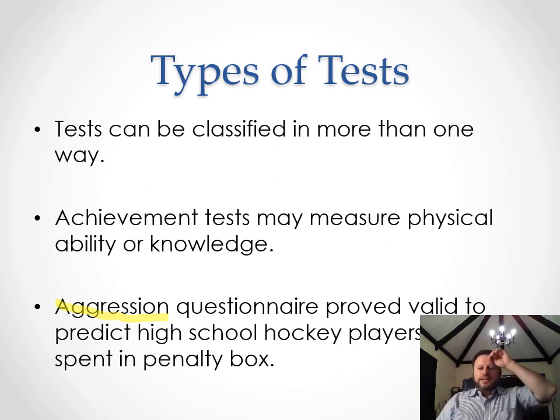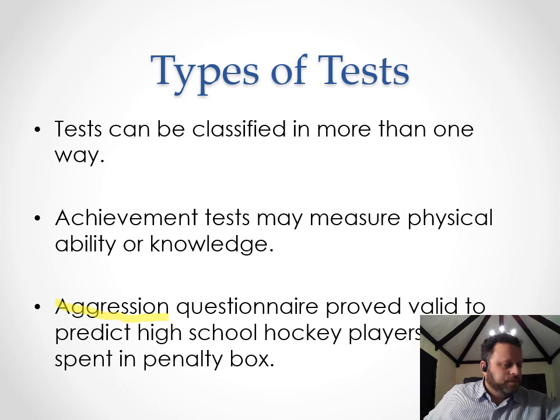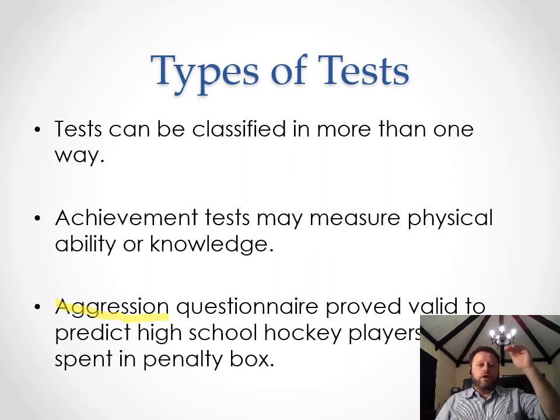And what they did is they did a questionnaire like this, I think it was in Canada, for students who play hockey. And what they found is the students who scored high for aggression happened to be the same students who spent the most time in the penalty box for being violent or starting fights.